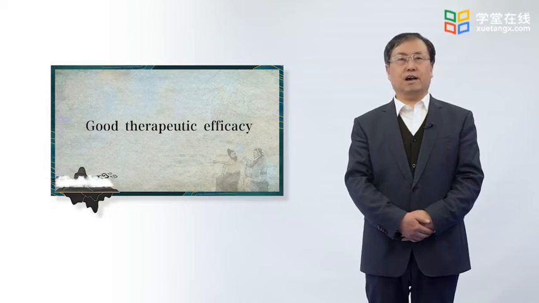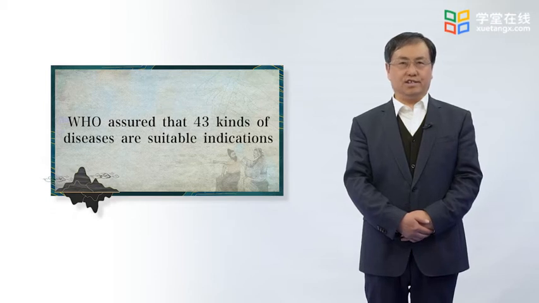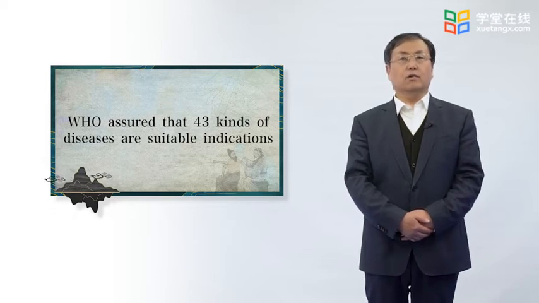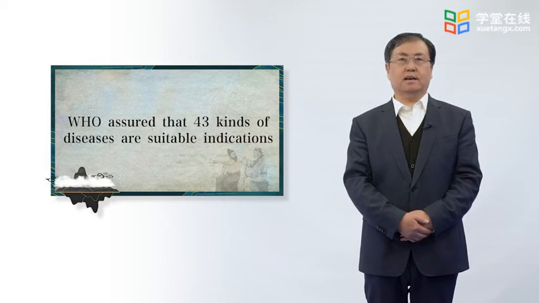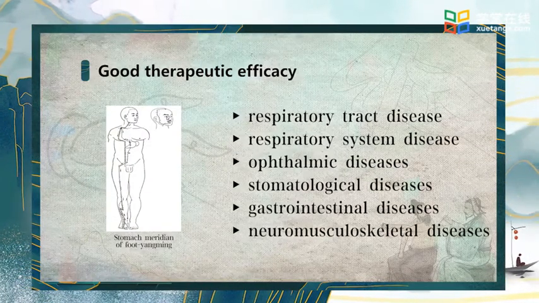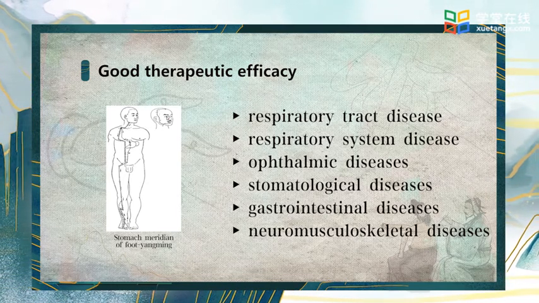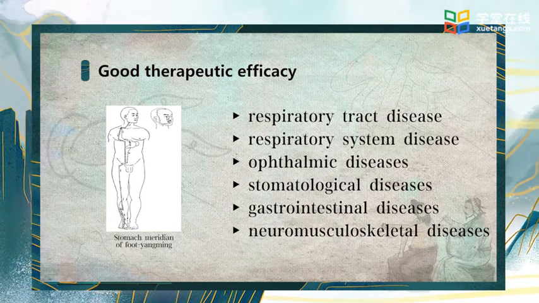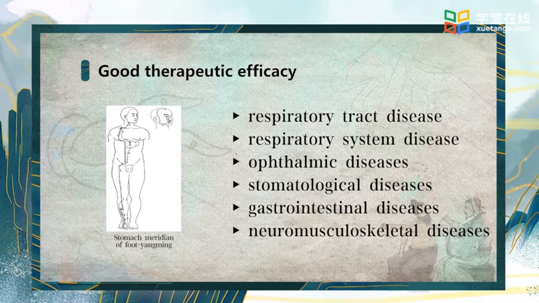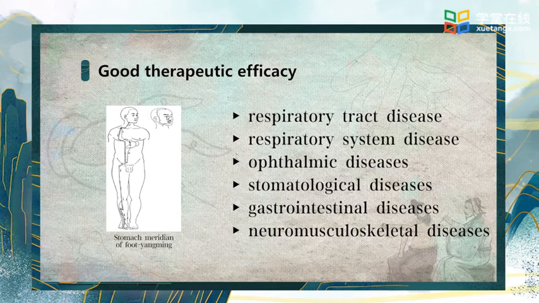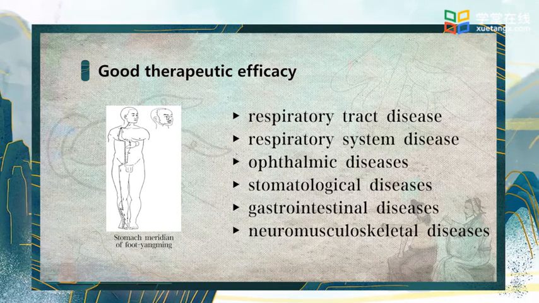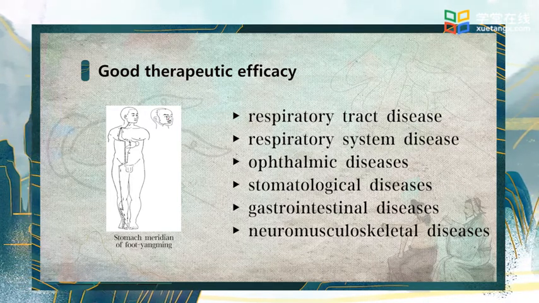Good therapeutic efficacy. In 1979, the World Health Organization asserted that 43 kinds of disease are suitable indications for acupuncture and moxibustion therapy. These diseases include respiratory system disease, ophthalmic disease, stomatological disease, gastrointestinal disease, and neuromusculoskeletal disease.